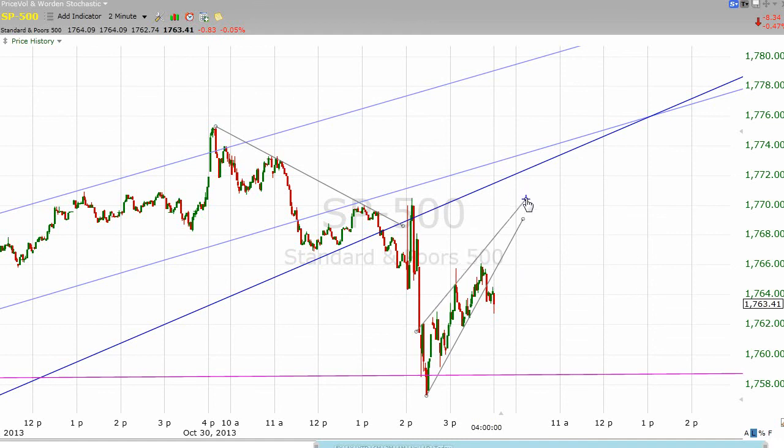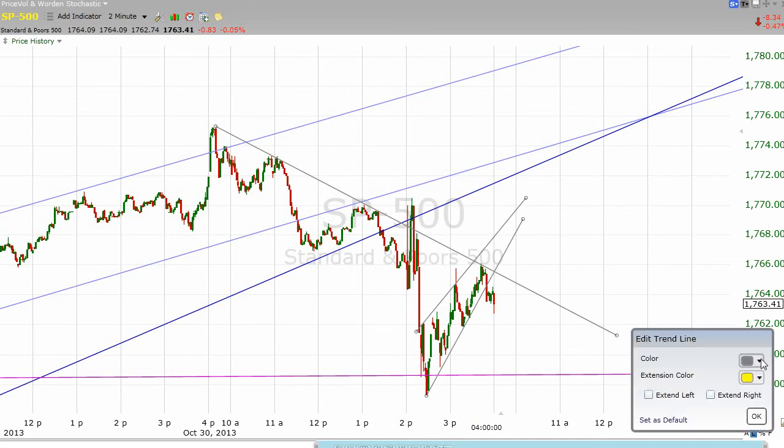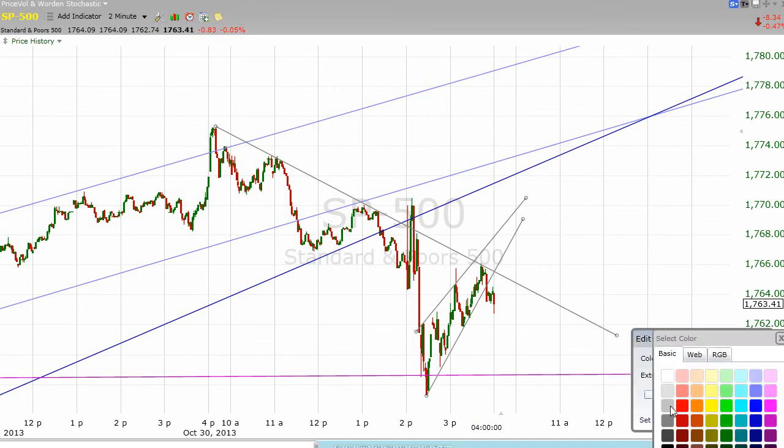If that's the case, then we would know tomorrow, because we would likely see some selling pretty much right off the bat, or at least very early in the session. It's interesting too that 1, 2, 3, and 4 of these little peaks line up, whereas this move right here does not. So I'm going to make this a light gray.